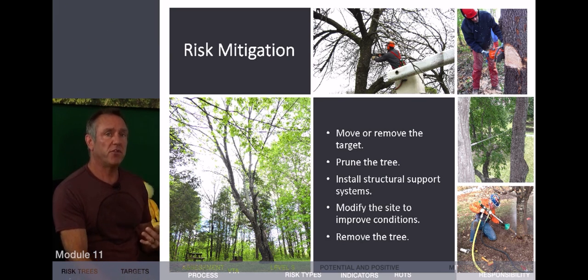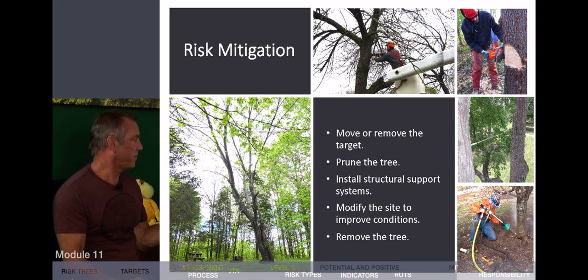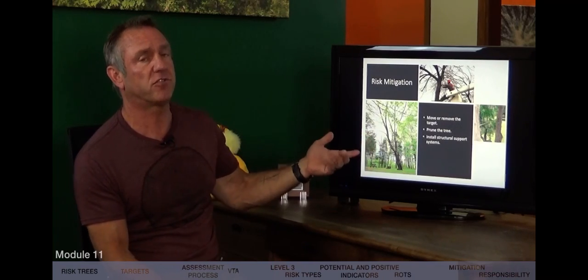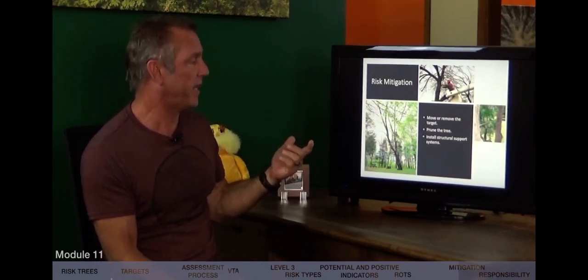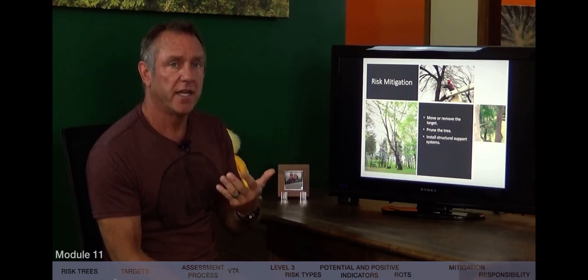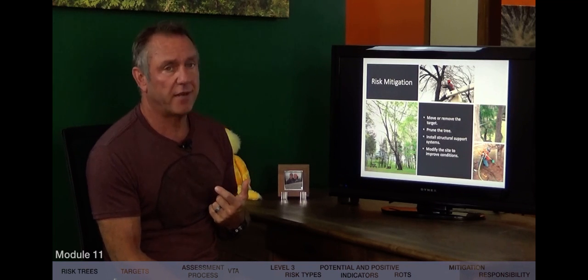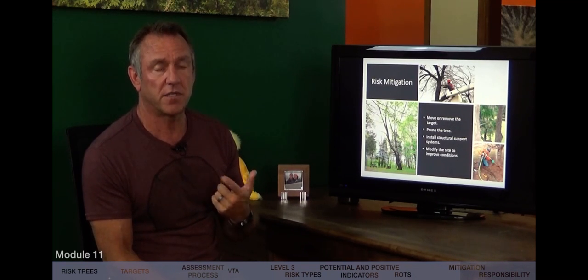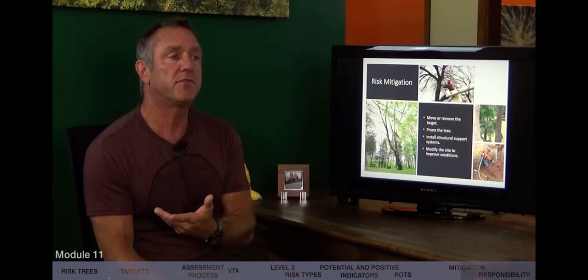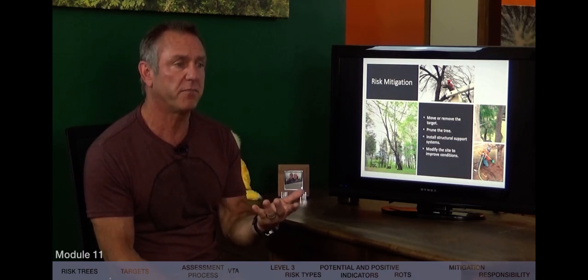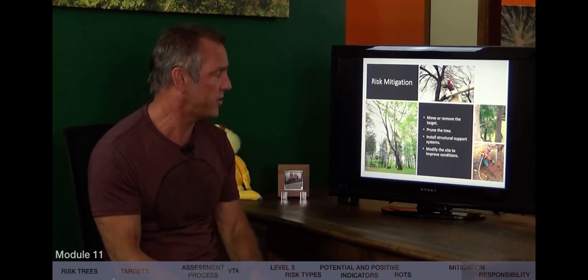If we can prune the tree, if it's a broken branch or perhaps a defective branch, if we can prune it out, then we've mitigated the risk. We may need to install structural supports, as we discussed in a previous module, such as cabling and bracing, to help lower the risk of failure. Or we may need to modify the site or conditions on the site to help improve drainage, to prevent extended soil saturation.